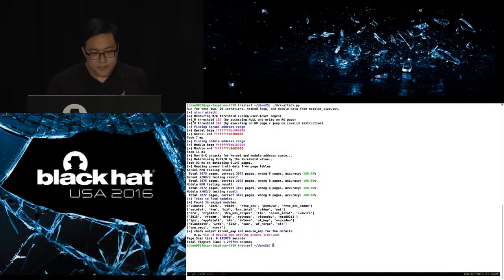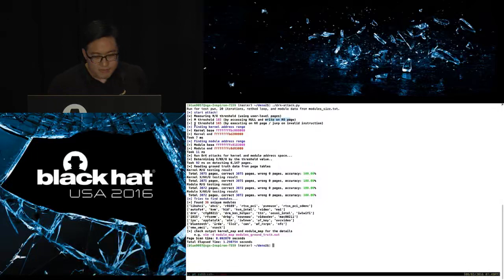What it first does is measure the threshold for the mapped address and executable address. To do that, we assume that we have no knowledge about the kernel. So we just use the null page to simulate an unmapped one, and use a read-only page and try a write access to generate a page fault, simulating the mapped page.